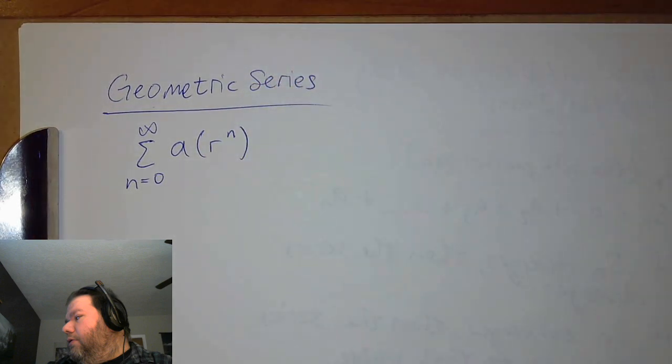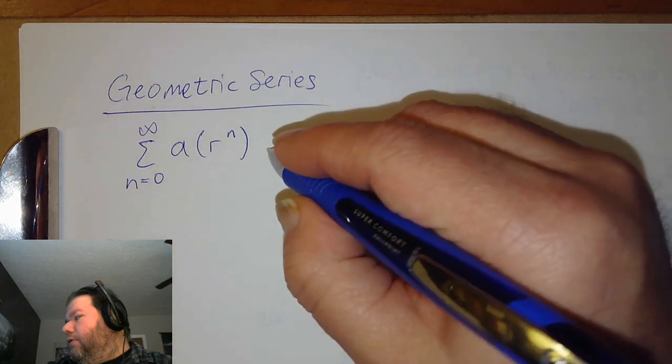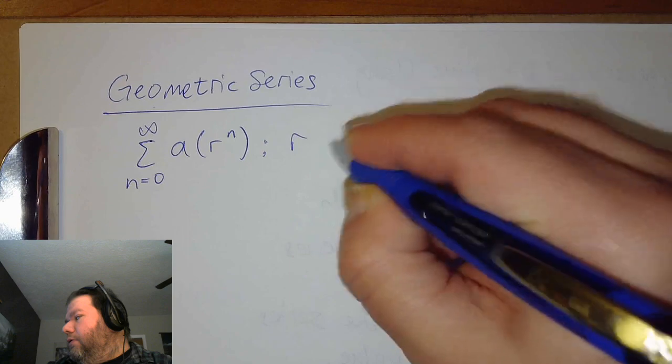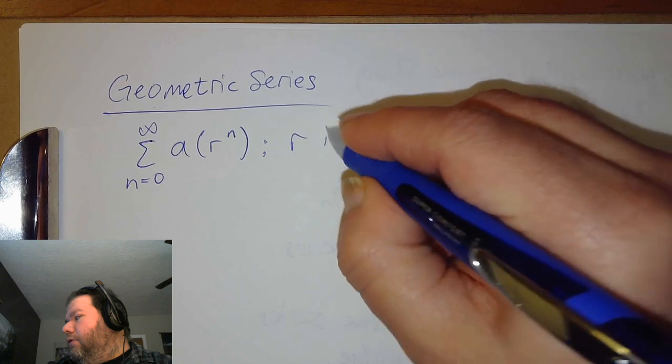So the general pattern, and actually now the book agrees with me, it wants to start at n equals 0. The general pattern is the sum as n equals 0 to infinity of a times r to the n. Now, r is what we call the common ratio.